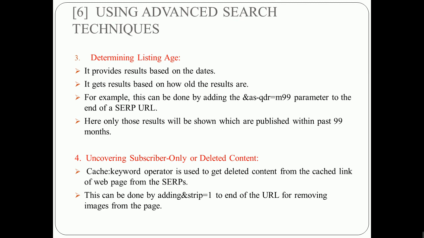So if you require a particular date's result, then it will provide. Get result based on how old the results are. If the result is old, it will display to you. Then if you want to know how old the result is, then you can use it.